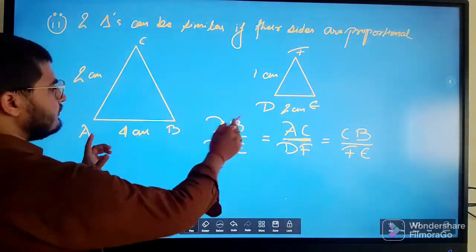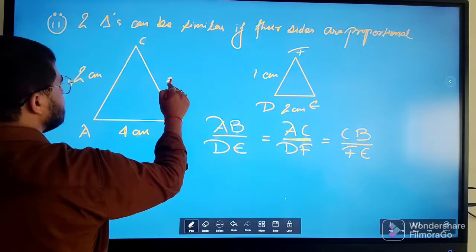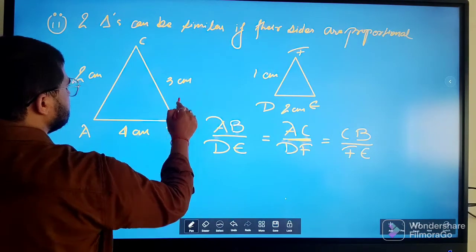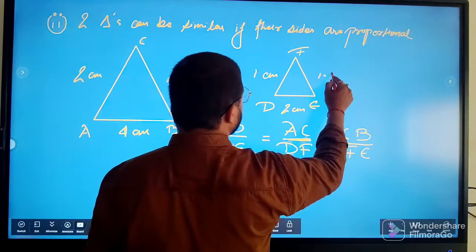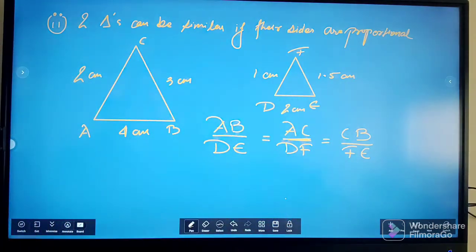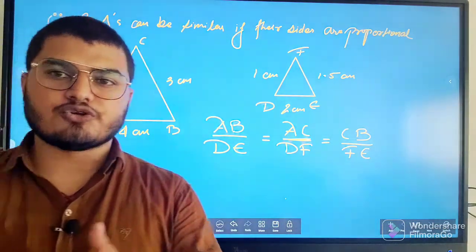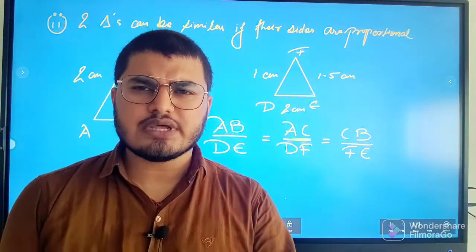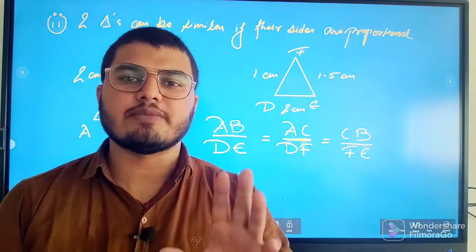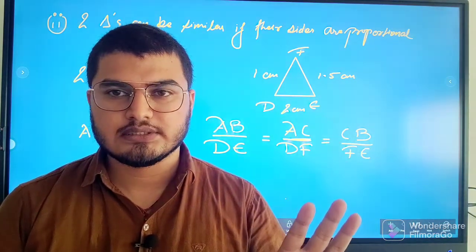Again the ratio is 2:1. If this is of 3 centimeter, this should be of 1.5 centimeter. Again ratio of 2:1. So in this case also we can say that the two triangles are similar. These are the two basic conditions on which similarity is decided between two triangles.